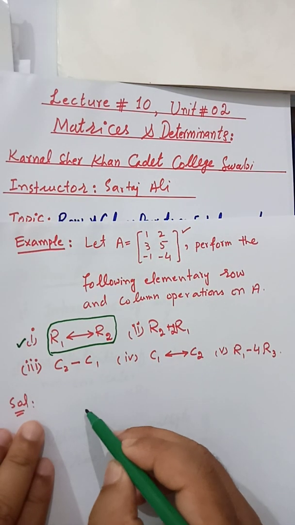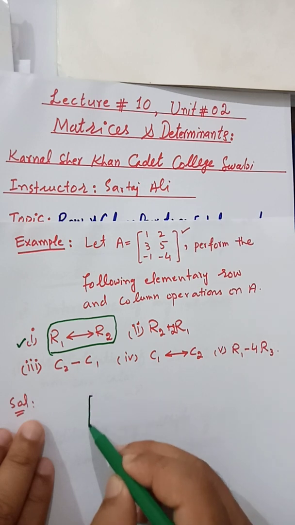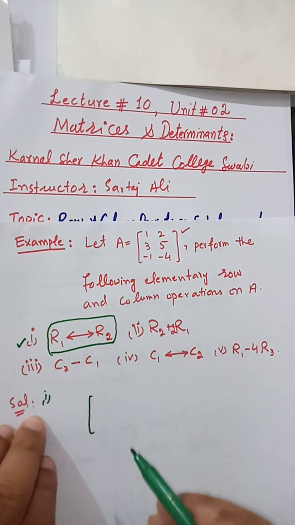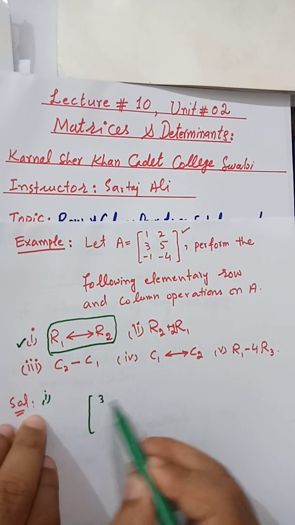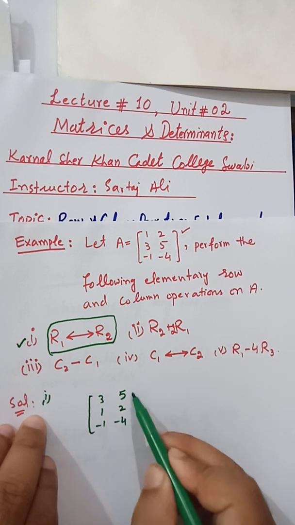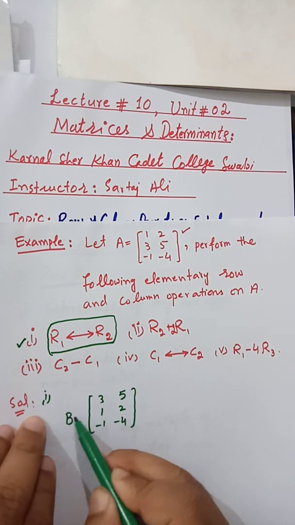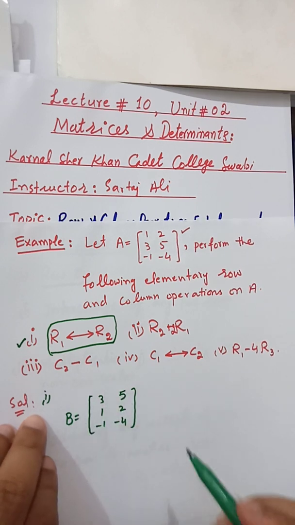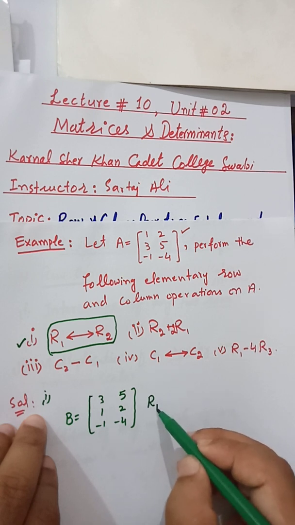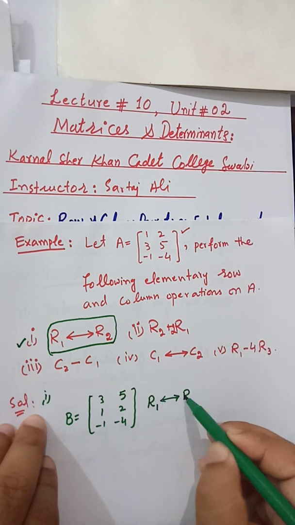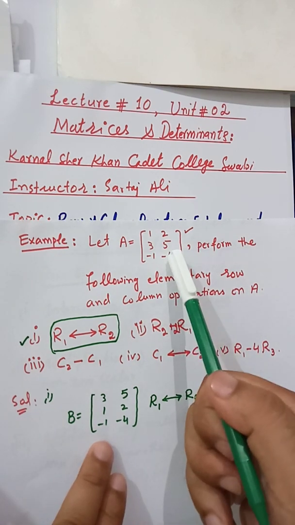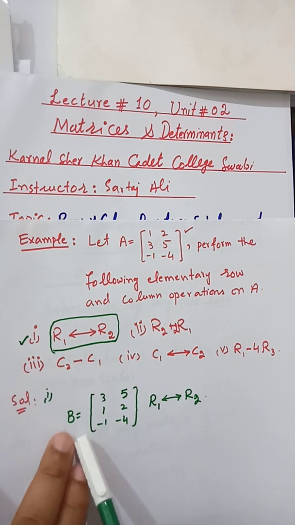So R2 will be written in place of R1 and R1 will be written in place of R2. Let's say this is a matrix B. This matrix B is obtained by performing this row operation, R1 interchanged with R2.